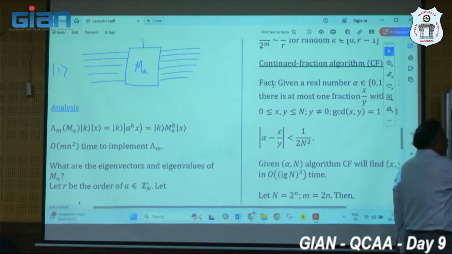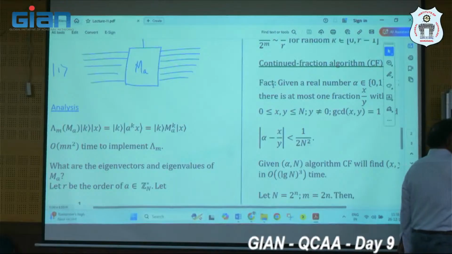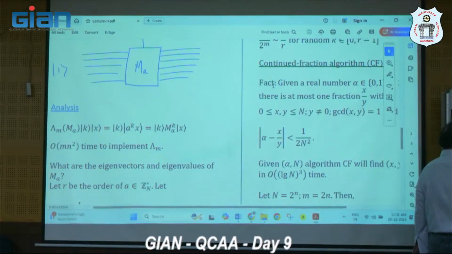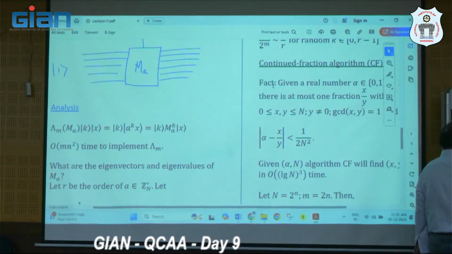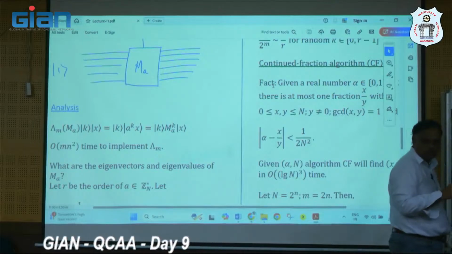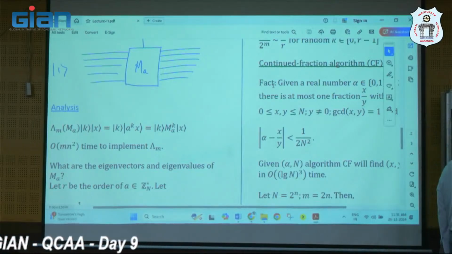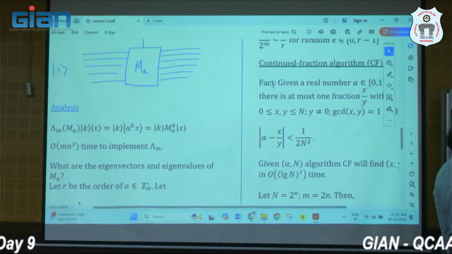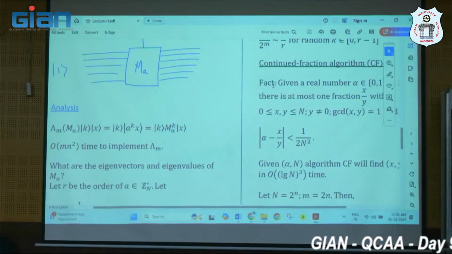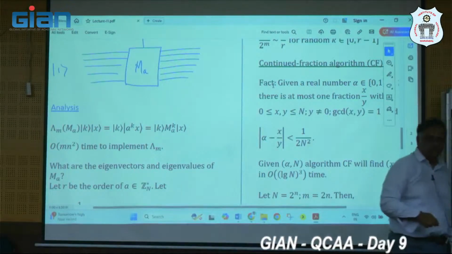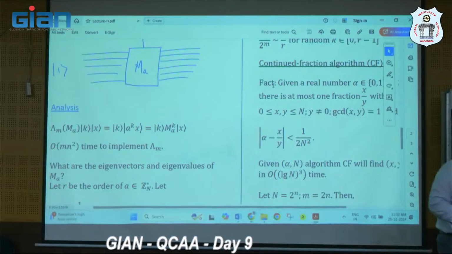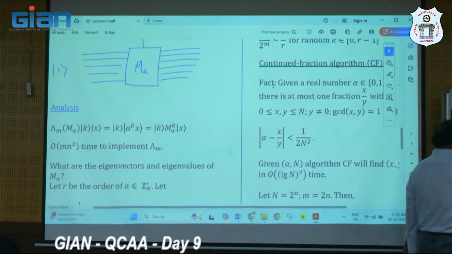a goes to a square, goes to a to the 4, which is times 2, correct? This goes to this thing squared. Agreed? We do it k times.